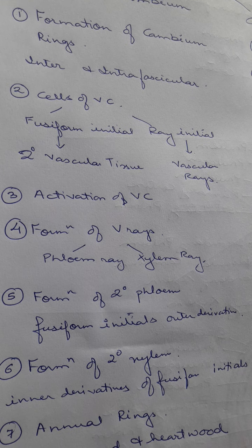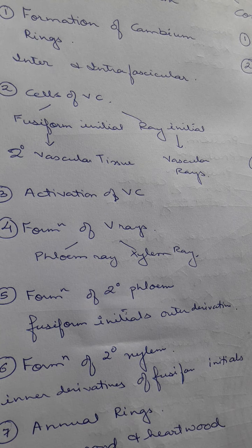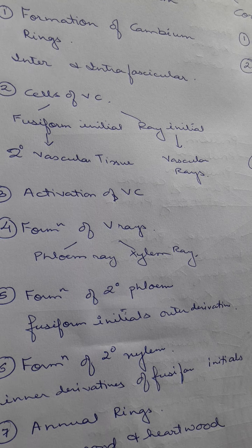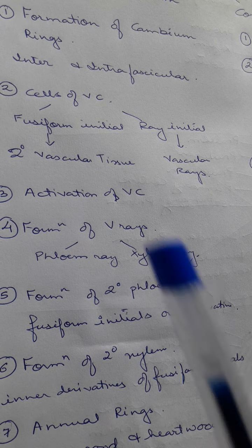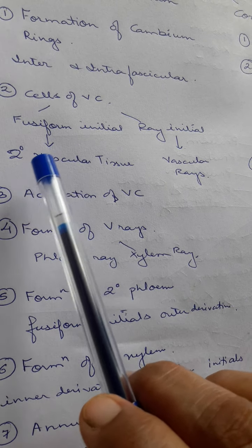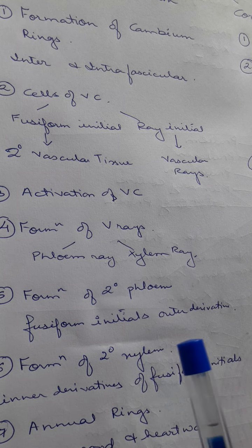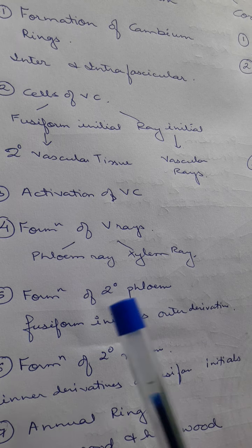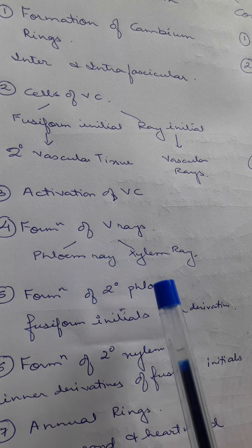Now, already phloem and xylem are present, but due to the activity of cambium, they will divide and form the secondary phloem. Now, the secondary phloem is formed with the help of these fusiform initials. Okay, already we have said that they will help in formation of the secondary vascular tissue. So, the fusiform initials will divide and their outer derivatives will help in the formation of the secondary phloem.